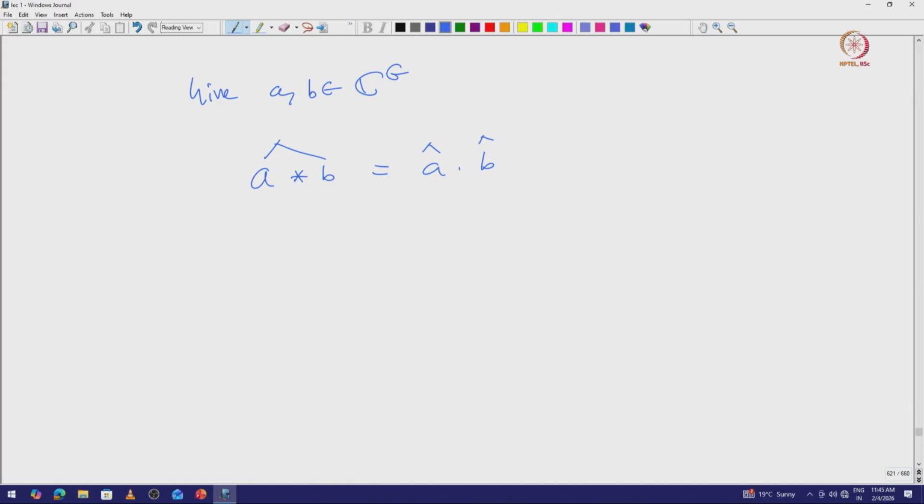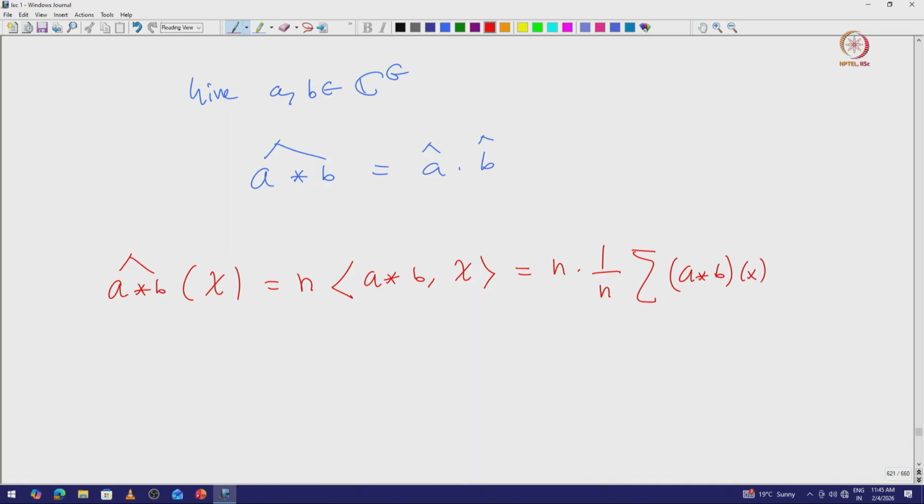If we take the Fourier transform of A star B and apply it at chi, then by definition this is n times the inner product of A star B with chi. Now, we already know the inner product. This is n times 1 by n, summation over x in G of A star B of x times chi of x bar, by the definition of the inner product.